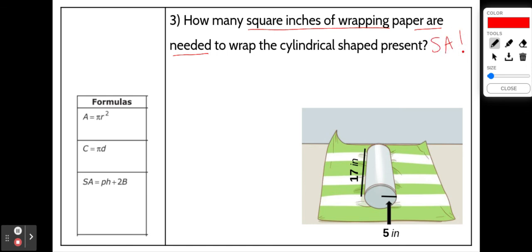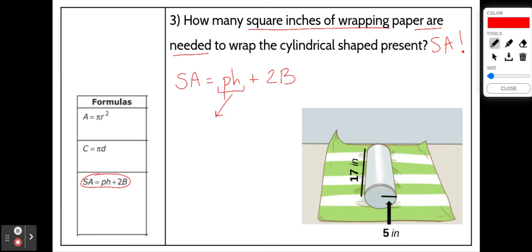So we're going to be finding the surface area. So we're going to start off by writing the formula. Surface area equals, be sure you have all your parts labeled on the present, 5-inch radius, 17-inch height. So we've got pH plus 2b. There's our formula.